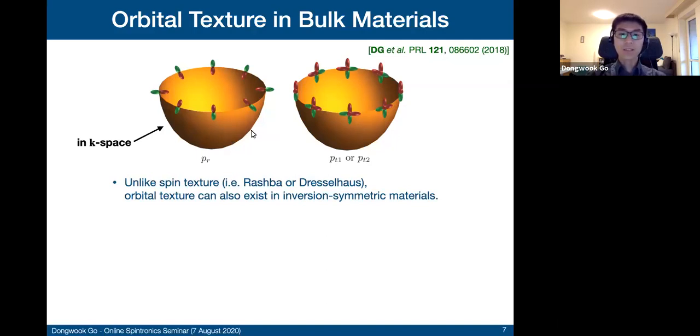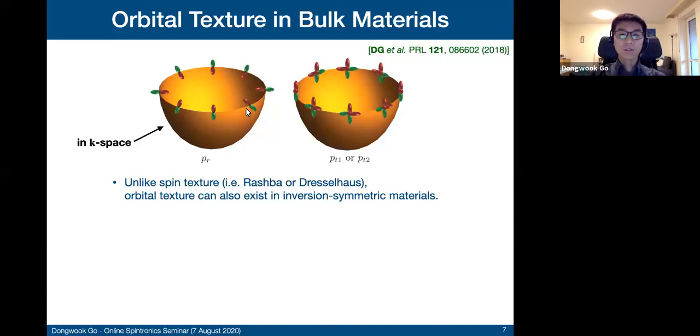Therefore, it doesn't necessarily require inversion symmetry breaking, like the Rashba effect or Dresselhaus effect. Sure, if you break the inversion symmetry, orbital moment can also be arranged in k-space, which is called the orbital Rashba effect, but this is another topic. Here I'm going to focus more on centrosymmetric material, where we have only the orbital texture of the character.